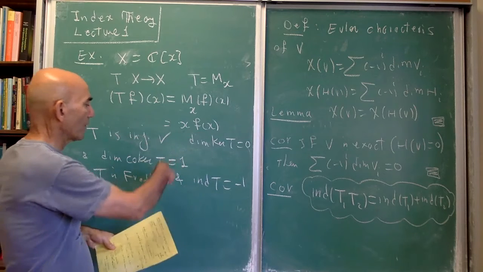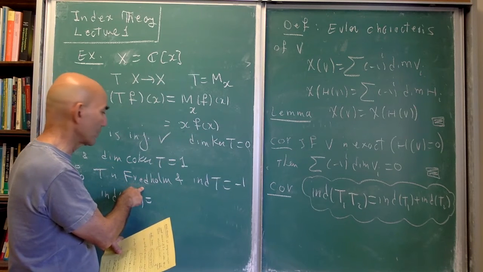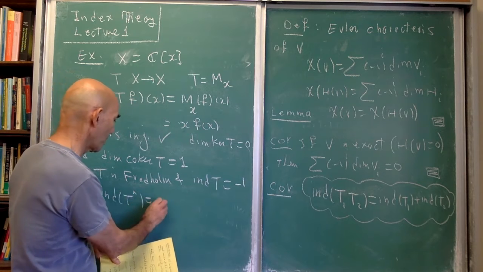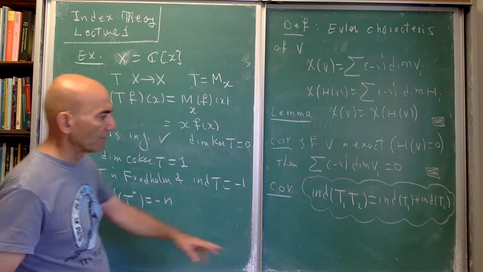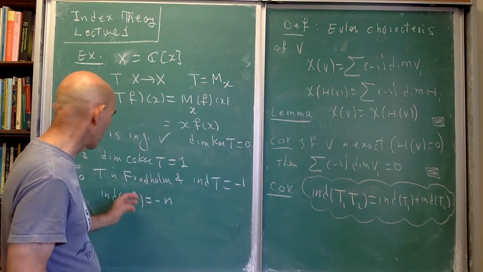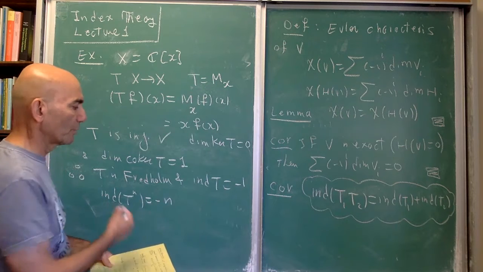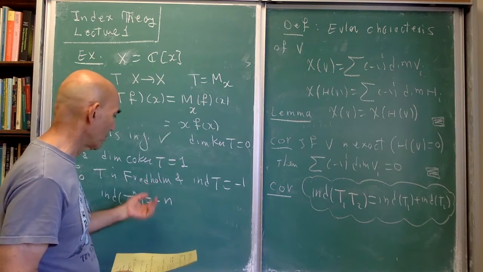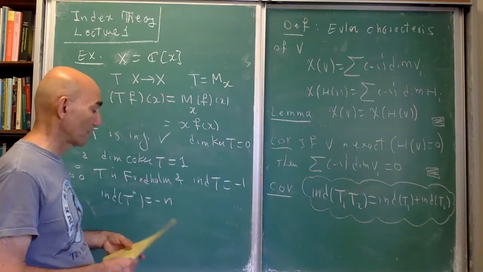So the same thing again, this T is injective, but its co-kernel has dimension n, so the index is going to be -n. Of course, we could have used this result to obtain this -n formula, but independently we also can. So all negative numbers are obtainable as the index of some operators, very simple operators, but very, very important operators, by the way.